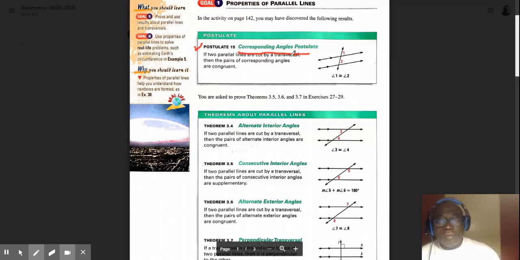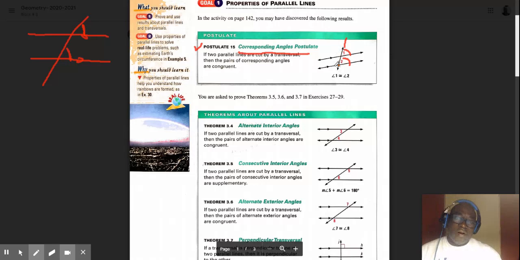All it is saying is that if you have two parallel lines like this, if these two lines are parallel and this line is cut by a transversal, as we see a transversal here, the relationship between these two angles formed here, like angle 1 and angle 2, these are corresponding angles, because the transversal cuts each of the parallel lines, forming these angles at the corresponding place.